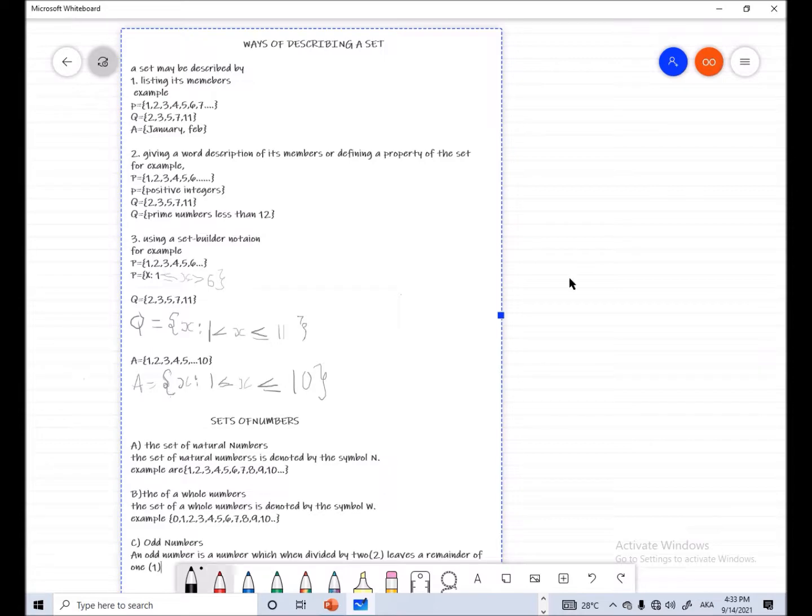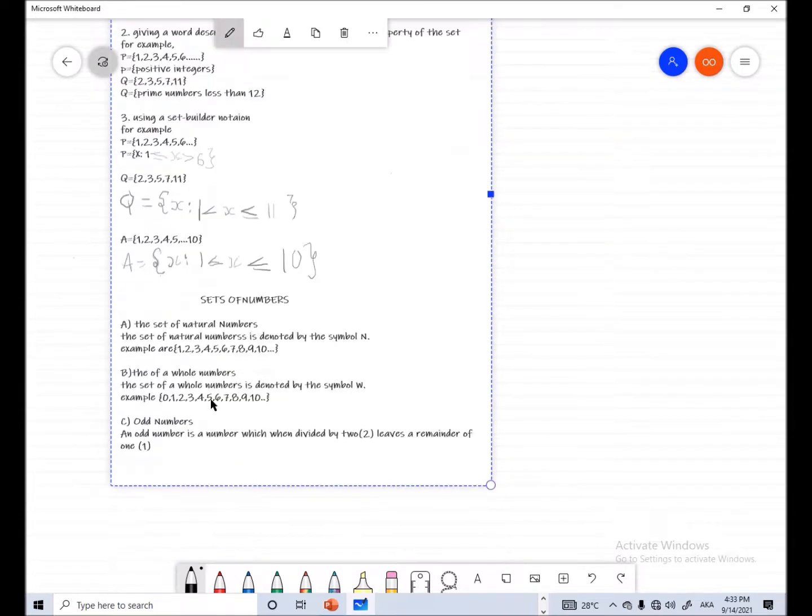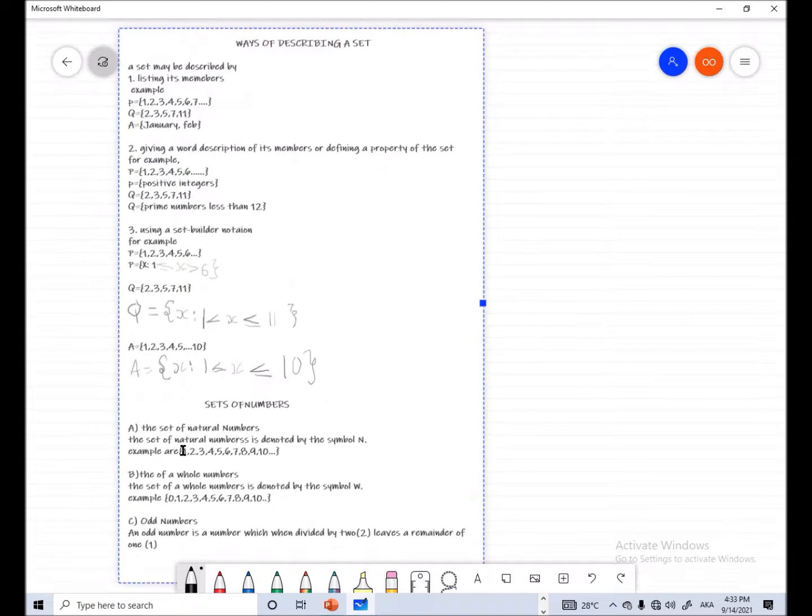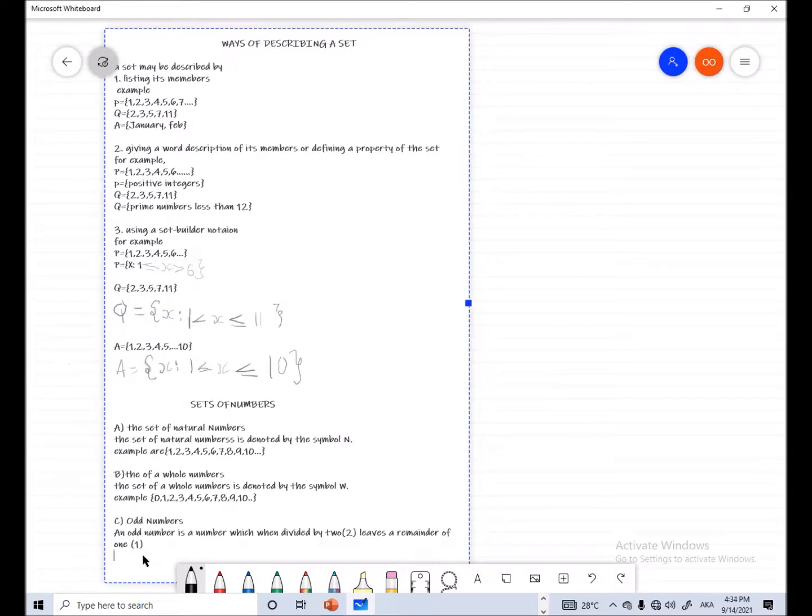So any number that when we divide it by 2, we get a remainder of 1, is an odd number.